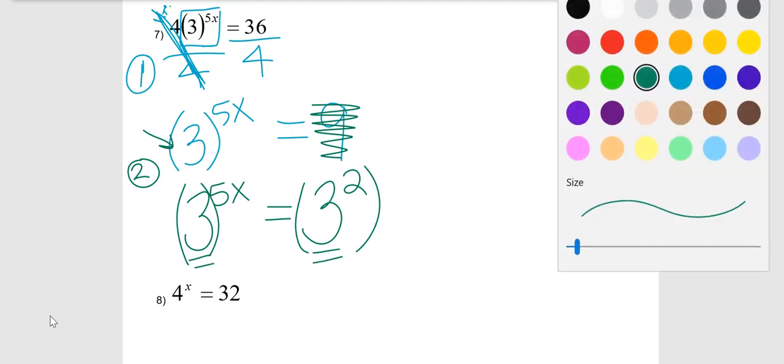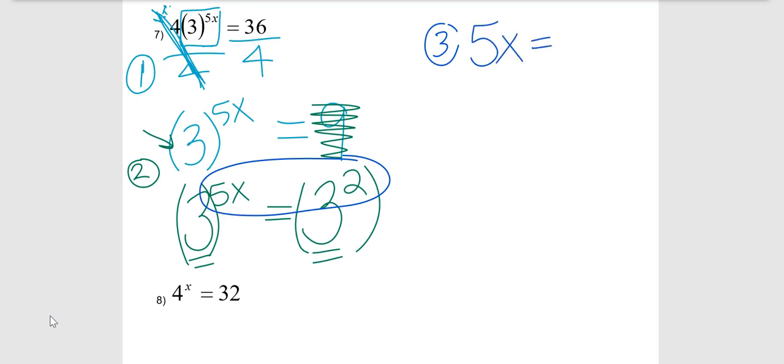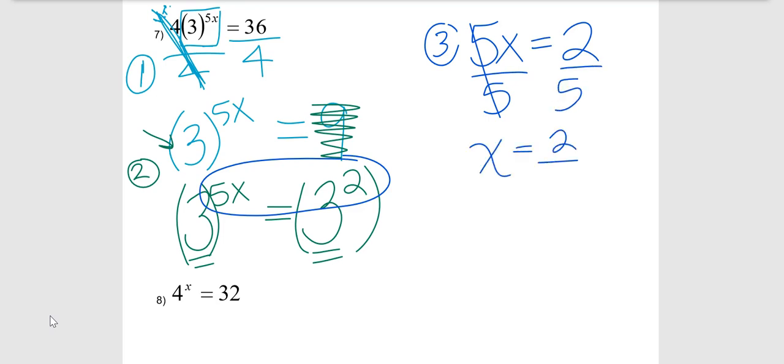So now we can move on to step 3, which is set the exponents equal. So we would have 5x equals 2, divide by 5, and we would get x equals 2 fifths, which is the same thing as 0.4 if you write your answer as a decimal. And then go ahead and check, and you should get that when you replace x with 0.4, or 2 fifths, same thing, you will get 36.